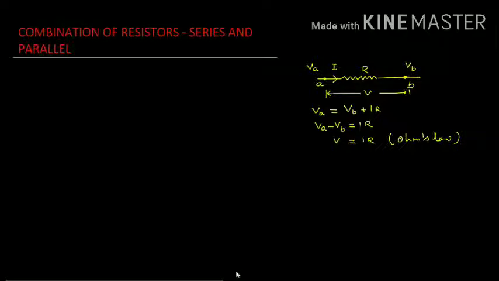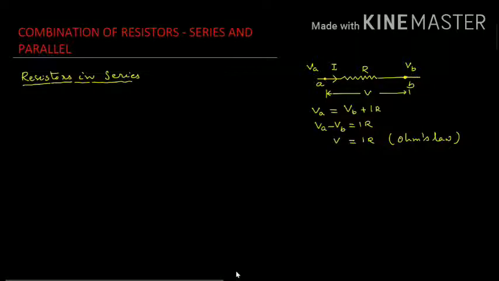So first we calculate the equivalent resistance of resistors connected in series. We take two resistors of resistance R1 and R2.